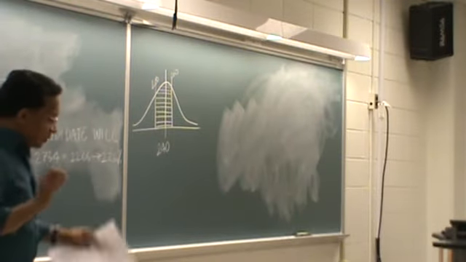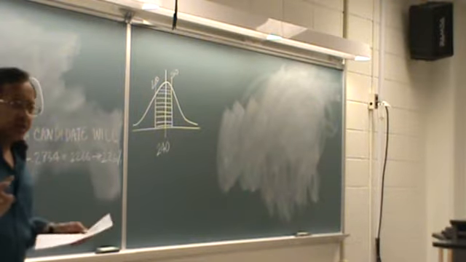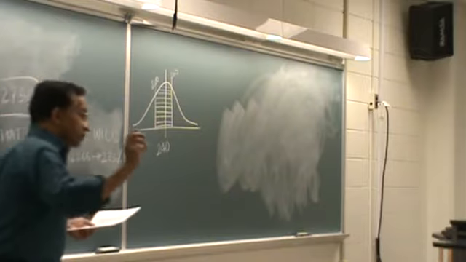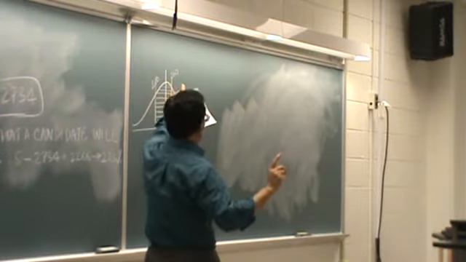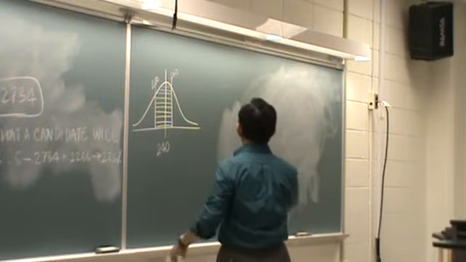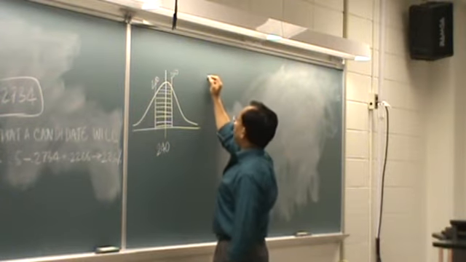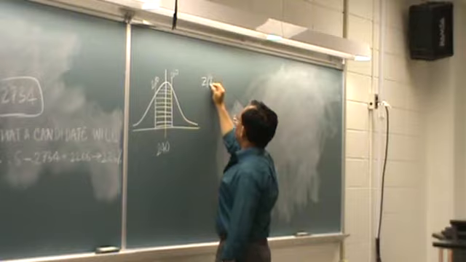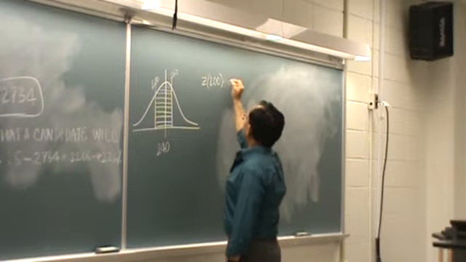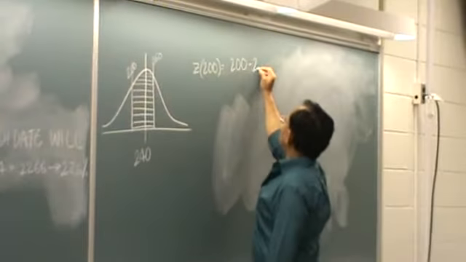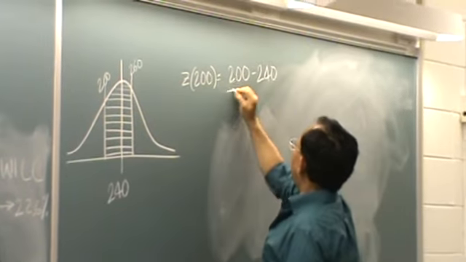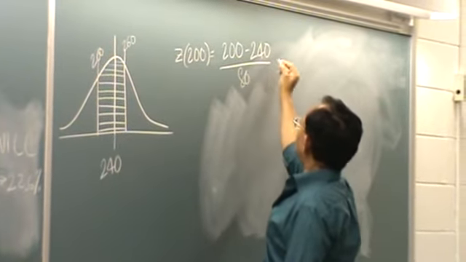So looking at this question, how many z-scores do we need to calculate? We need to calculate 2 z-scores, one for 200, one for 260. So this is how we are going to start. The first one will be z200 equals 200 minus 240 divided by 80.